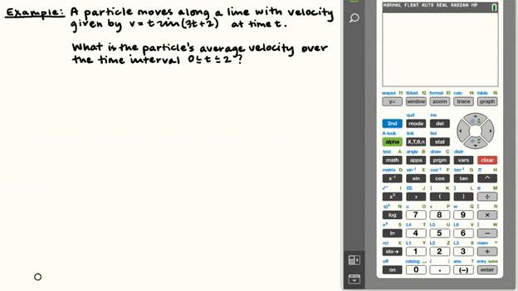So this looks like a situation where I would take the average value: 1 over 2 minus 0 times the integral from 0 to 2 of v of t dt. Remember, we find the average by adding them all up and then dividing. So this shouldn't be too hard. 1 over 2 is a half.